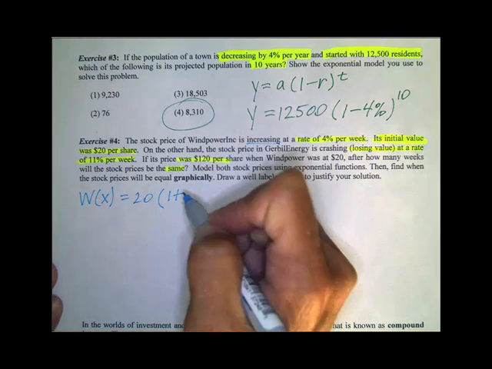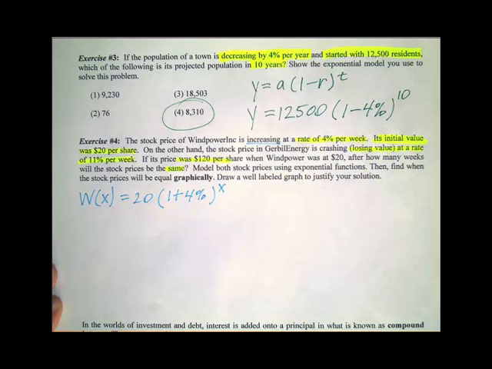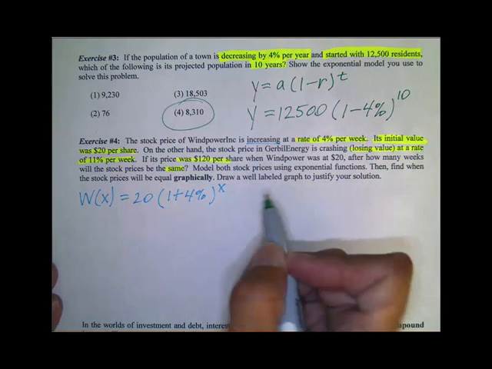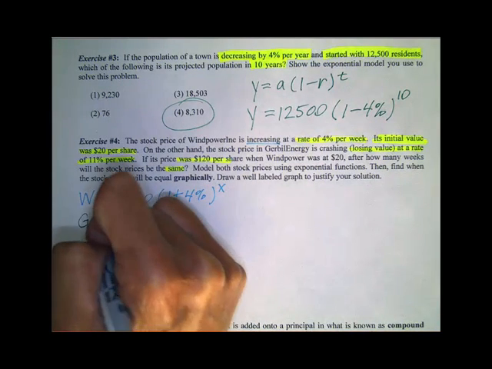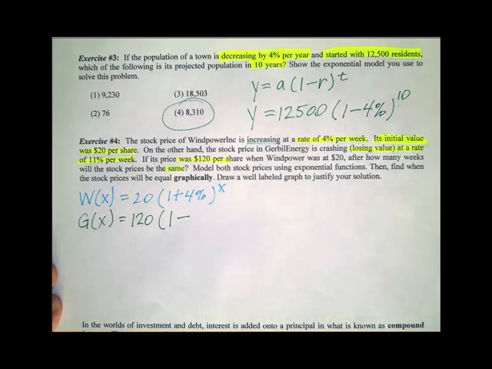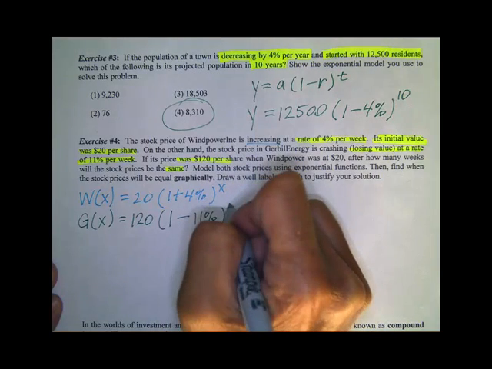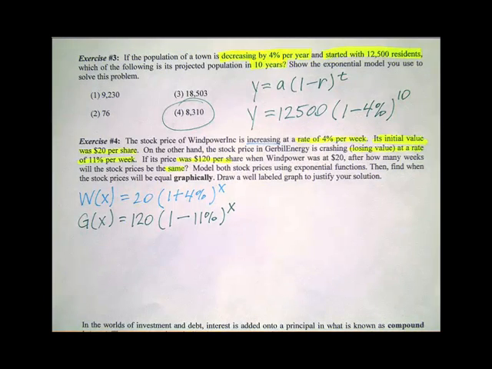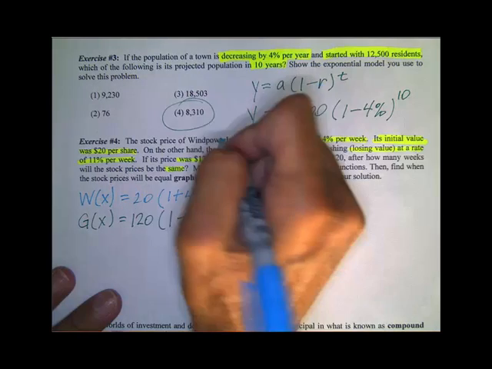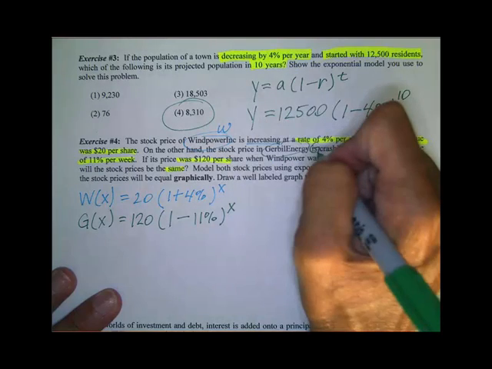So 20 times (1 plus 4%) to the X. Now I have the pleasure of different colors. Now we're going to do Durable Energy, G of X, which equals 120 times (1 minus 11%) to the X, because it's losing 11%. This one is W, this one is G. Now we're going to graph.